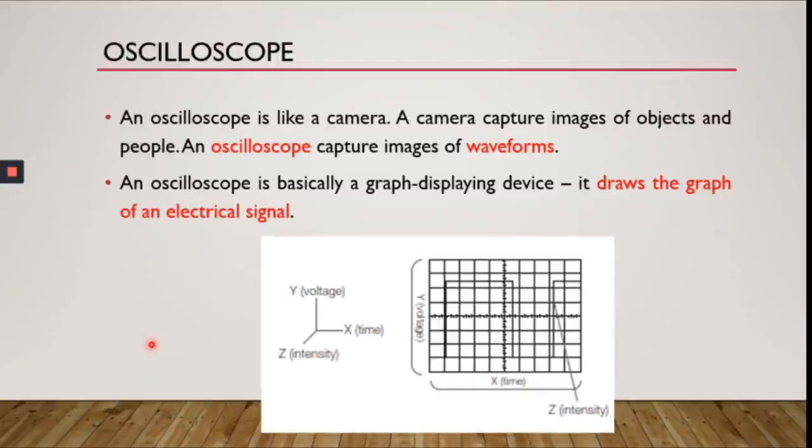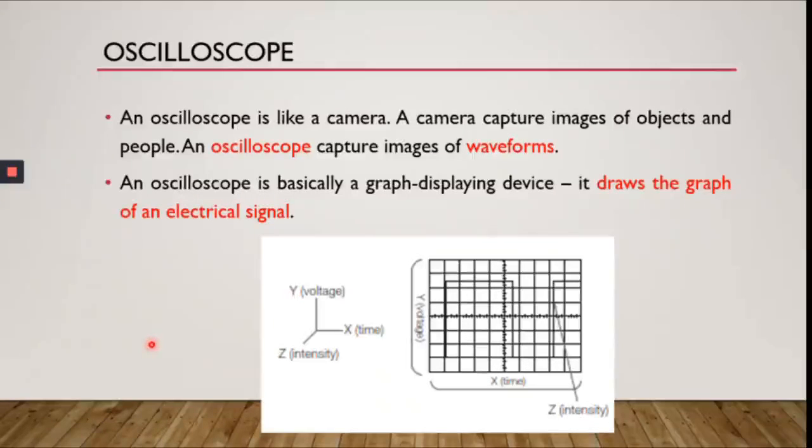So an analogy for an oscilloscope is similar to a camera. A camera captures images of objects. An oscilloscope captures images of electrical waveforms, in particular electrical voltage.